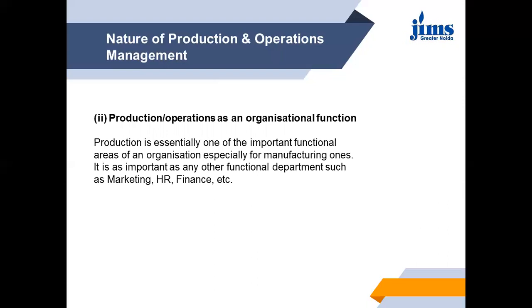Therefore, production and operations is essentially one of the important functional areas of an organization, especially if the organization is dealing with manufacturing processes. That means it is as important as any other functional department such as marketing, HR, finance, research and development, etc. Therefore, the production and operations function is one of the major functional areas of organizations.